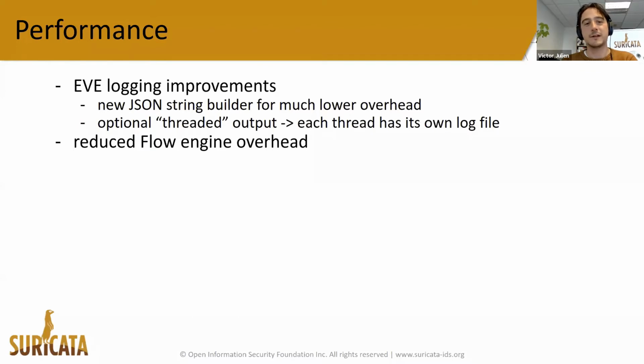And this, again, has improved performance a lot. It, of course, does require some changes on your processing pipeline, but most of the modern log processing tools can actually just handle those multiple files without problems.